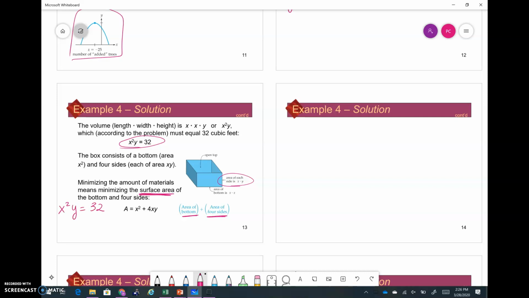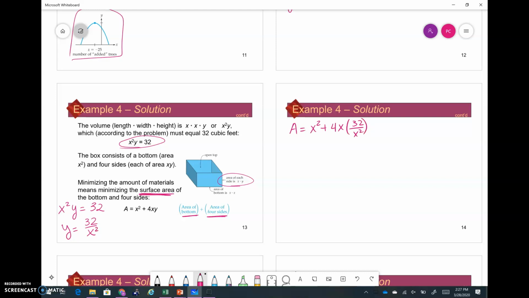So I'm going to divide both sides by x squared, giving us y equals 32 over x squared. Now I can take my area function that I want to minimize, because I want the least amount of materials, and that gives me x squared plus 4x times 32 over x squared.